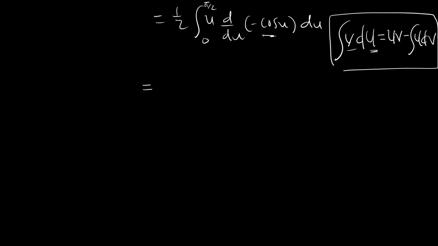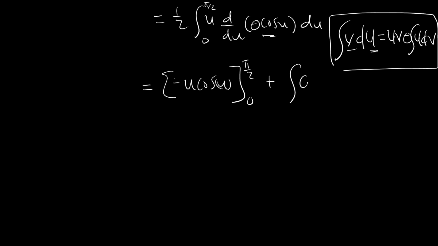So this is the same as negative u cos u, that is uv, 0 to pi over 2, plus this negative here, interacting with this negative here, the cosine of u, the derivative of u is going to be 1 with respect to u. We have 0 to pi over 2.